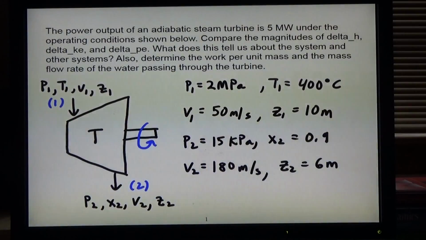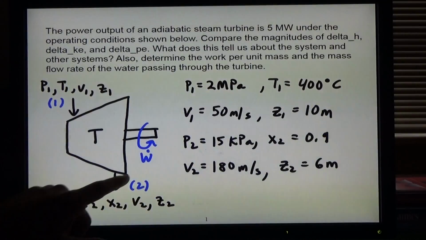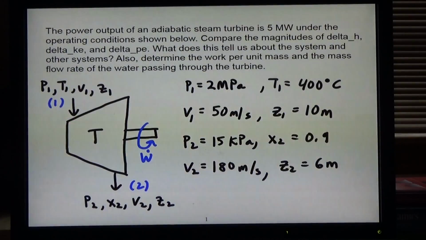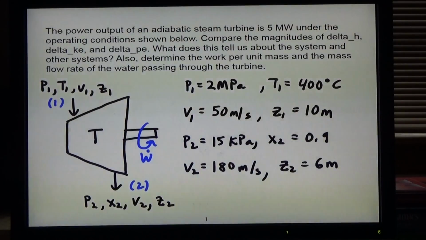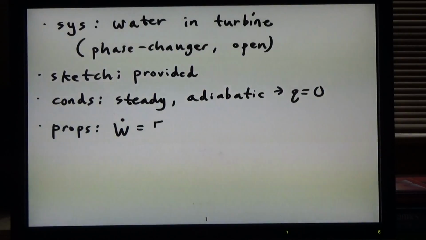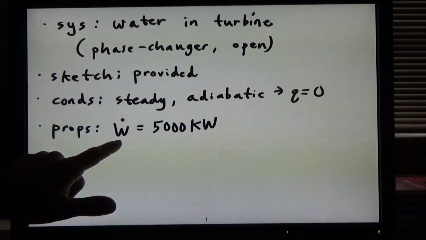This is the power output, capital W dot, and then we can mark it down here that the power output is 5 megawatt. We'll put that into kilowatt: 5,000 kilowatt. That's our power output.